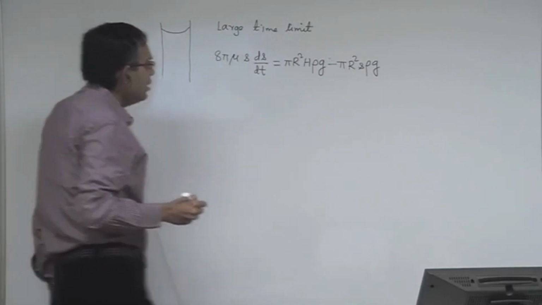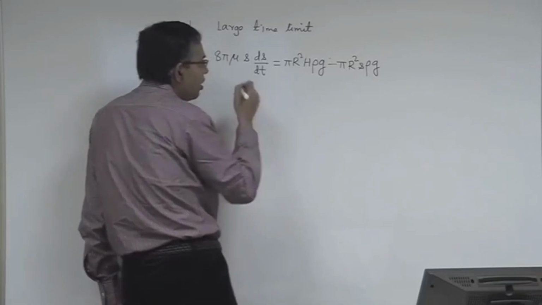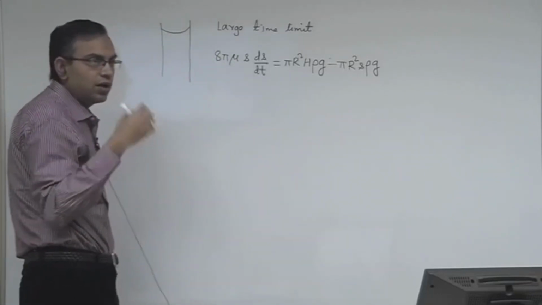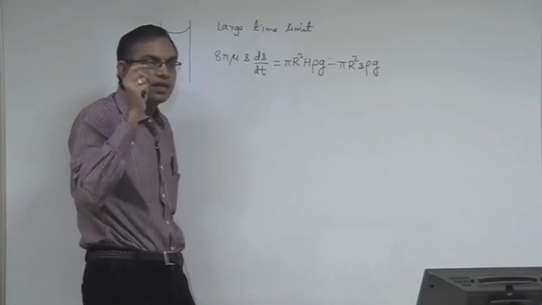Now what is the hallmark of a large time limit? The hallmark of a large time limit is that the difference between H and S is very small.